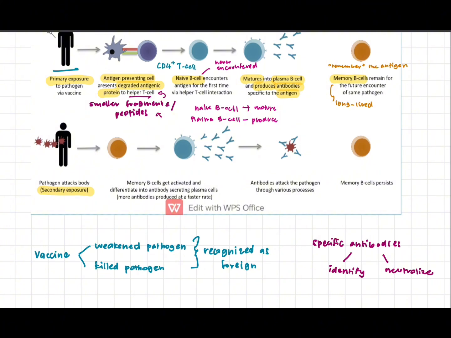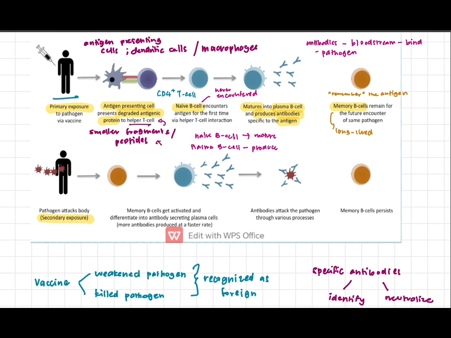This primary immune response is usually slow and weak because it is the first time encountering the pathogen and it needs time to recognize and identify it.